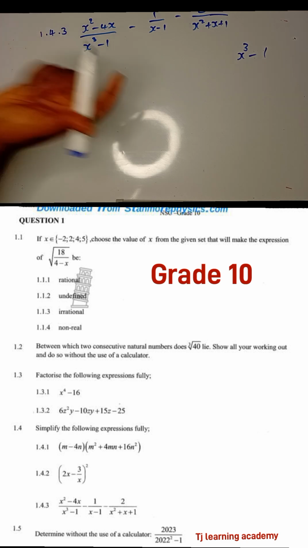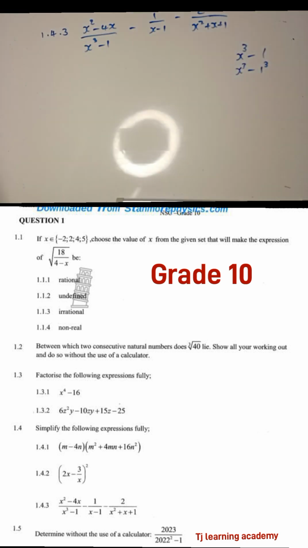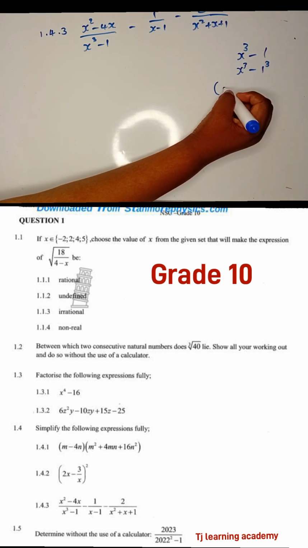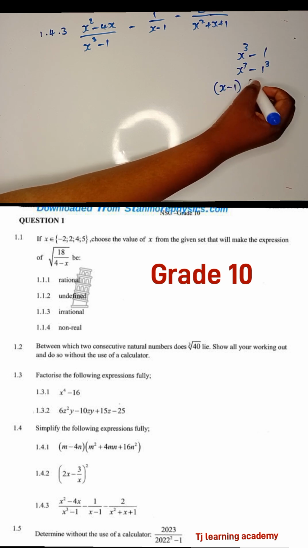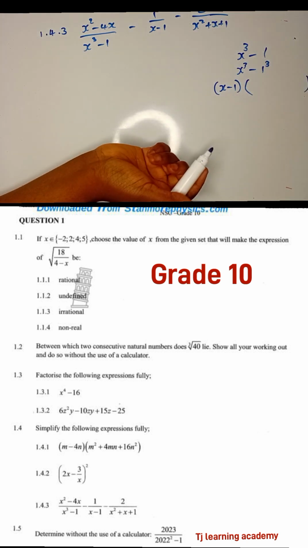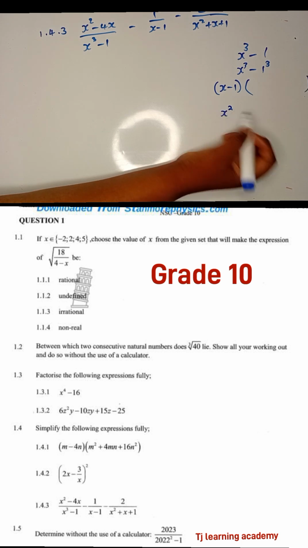It is 1, because 1 to the exponent of 3 is 1. My first bracket will have x minus 1. To get the values in the second bracket, I'm going to square this x, x to the exponent of 2.